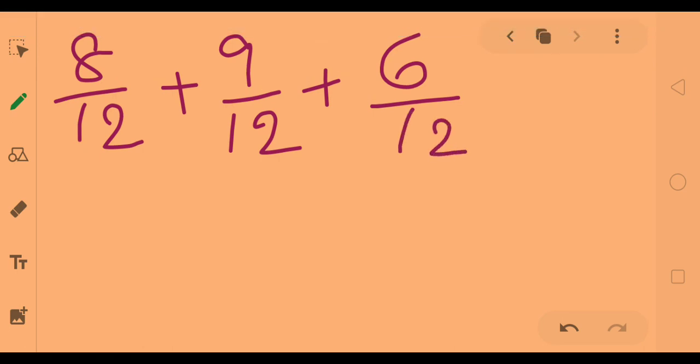Now those unlike fractions have been converted to like fractions with the same denominator, which is the LCM of the three given denominators.